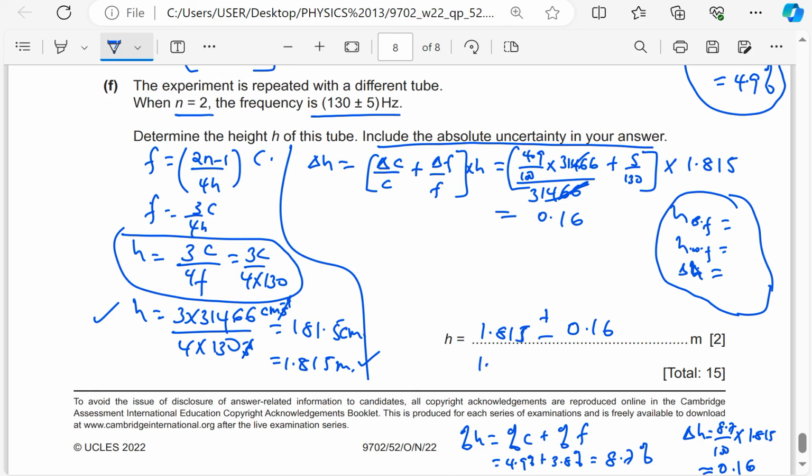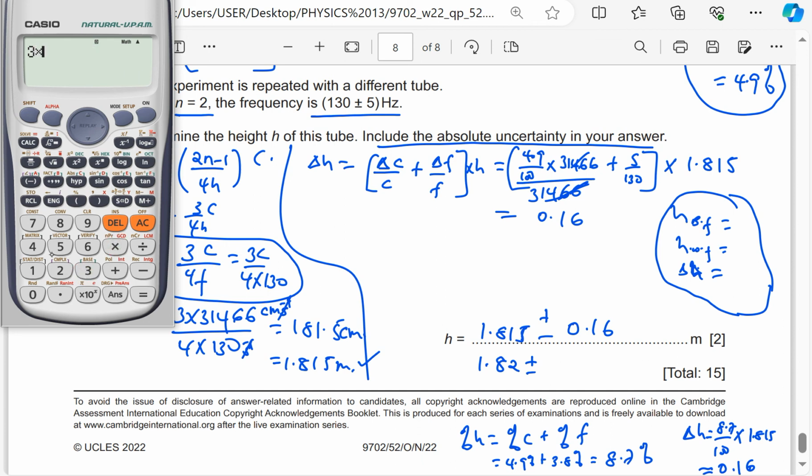So the answer could also be 1.82 plus or minus. I know that this 1.5 was rounded off: 3 times 31466 divided by 4 times 130.